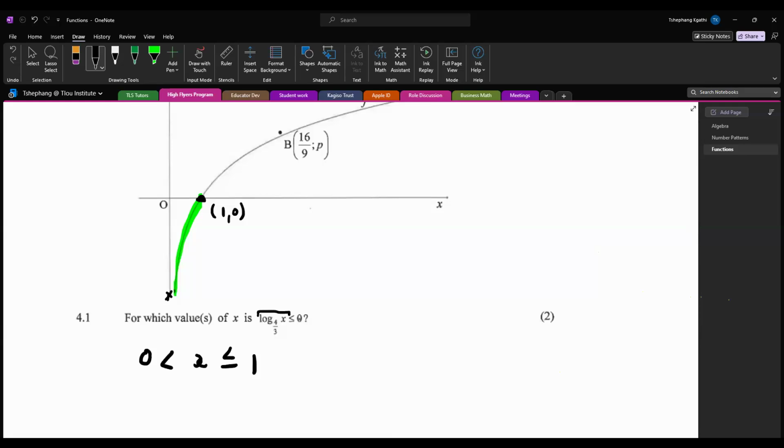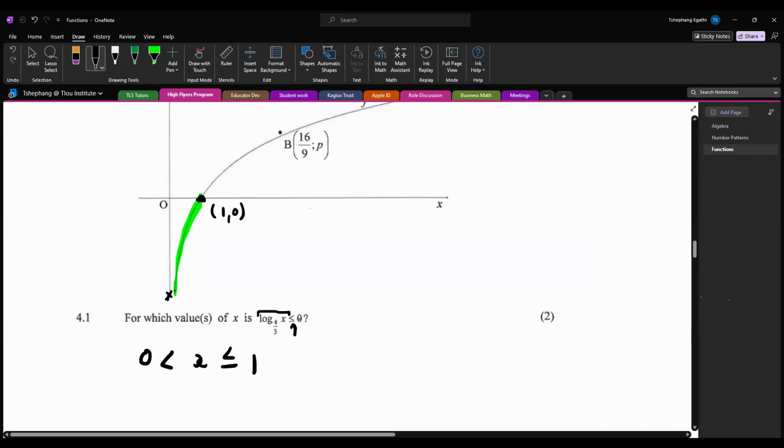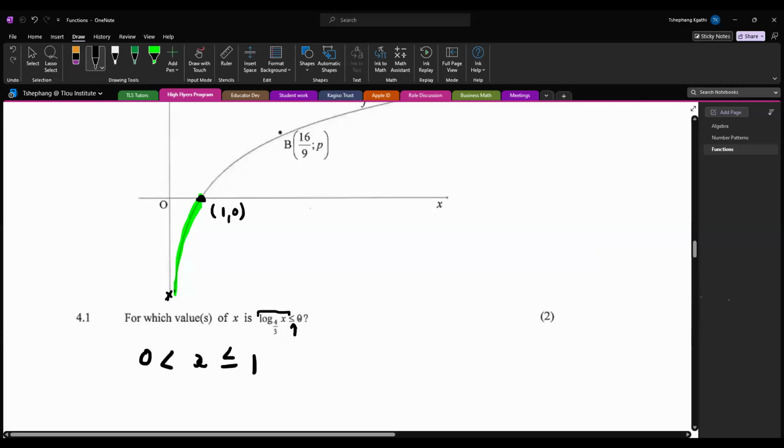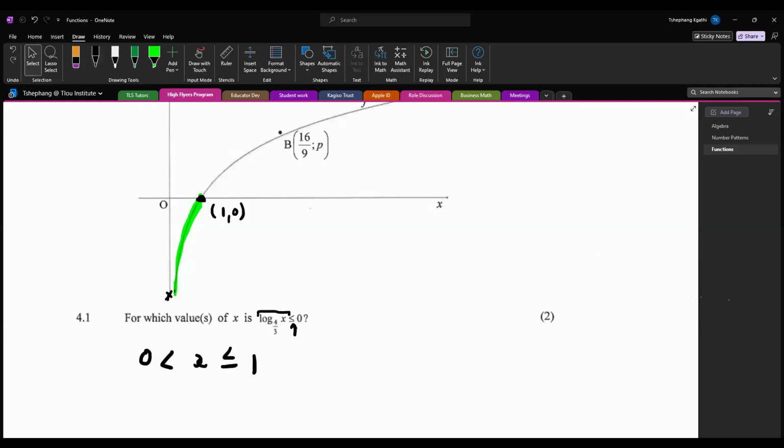So that's why we don't include 0. And then because of the inclusion, that's why we have to say 1, because we know this point is 1. That is the standard cut. They didn't move the graph up or down, left or right. So it will intercept there at 1 and 0. Now that region is between 0 and 1, but inclusive of 1.